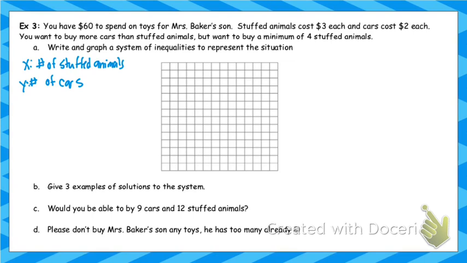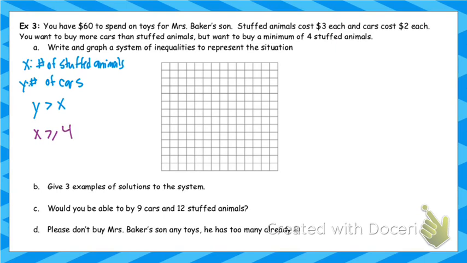So the equations that I have here, we'll start with the simple ones. I want to buy more cars than stuffed animals. That means that cars has to be greater than stuffed animals. The other information it tells me is that I want to buy a minimum of 4 stuffed animals. So that means that stuffed animals has to be at least 4.